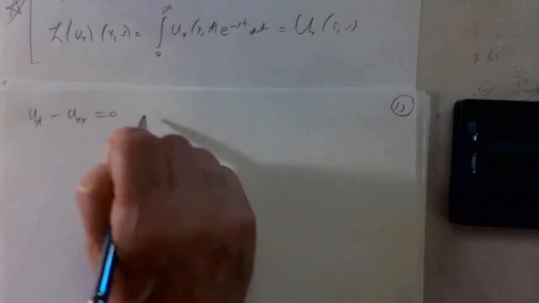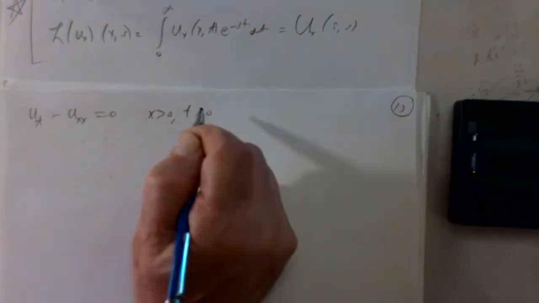So the example, which is in Logan's text, is like a heat equation or a diffusion equation. It's u sub t minus u xx equals 0 for x greater than 0, t greater than 0.